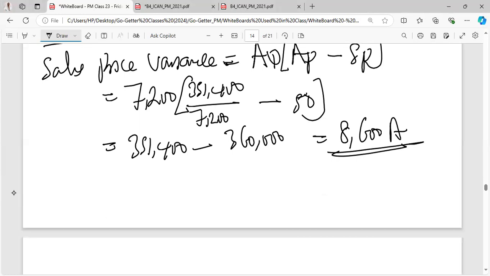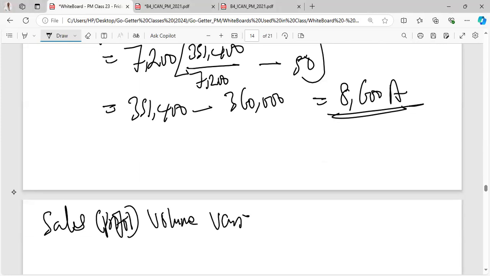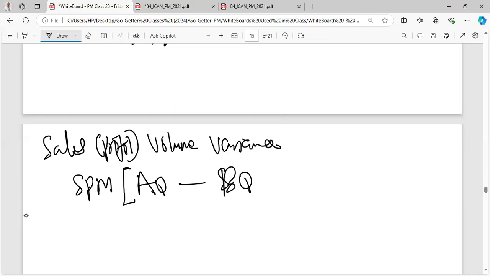Then we have our sales profit volume variance. And we said it's going to be standard profit margin all over actual quantity minus budgeted quantity.